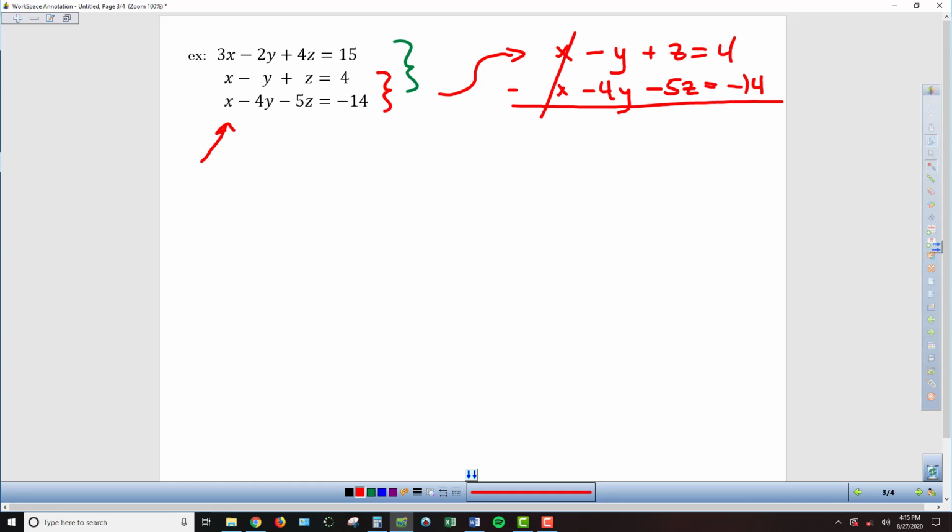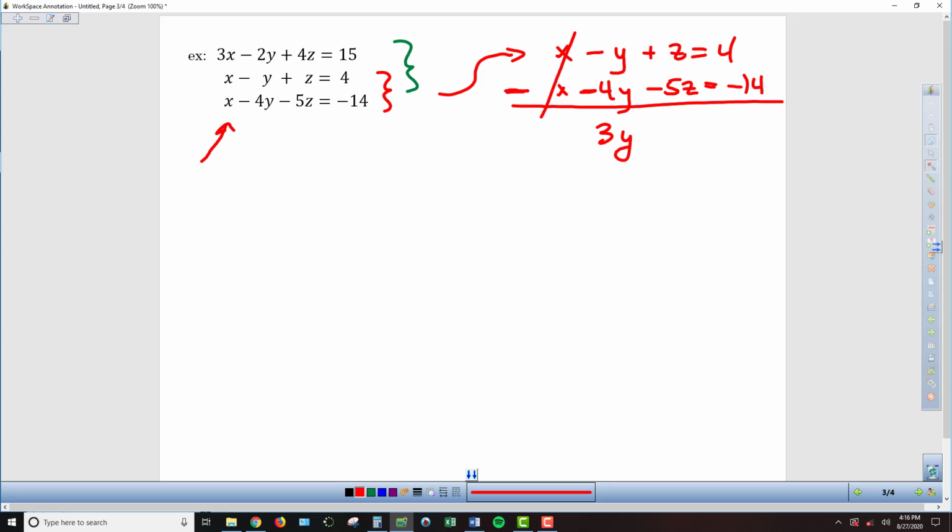The x's, not a problem. Those are gone. But now it's negative y minus negative 4y. And so when we do that, negative y minus a negative 4y, that becomes negative y plus 4y. Well, negative y plus 4y is 3y. So we have to be careful to realize that we're subtracting the negative here, which turns it into addition.